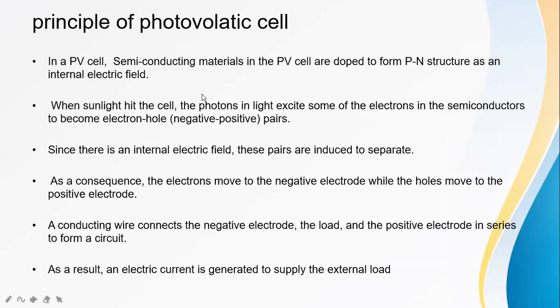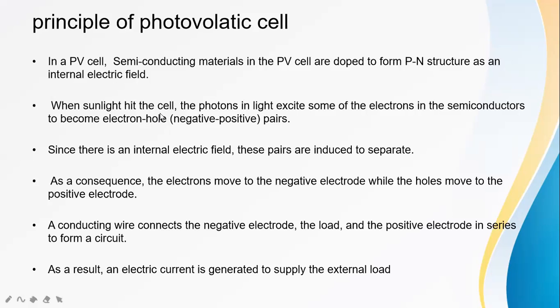In a photovoltaic cell, semiconducting materials are doped to form a PN structure with an internal electric field. That means semiconductor materials in this cell are doped to form a PN structure, that is, a PN junction. It has an internal electric field.